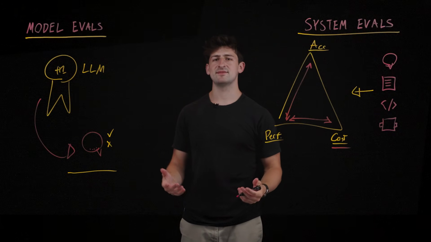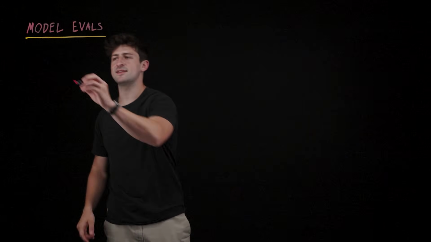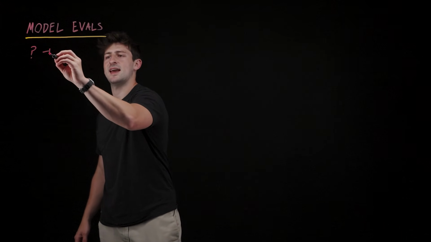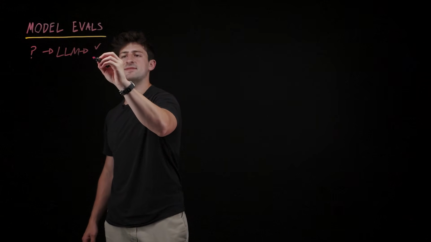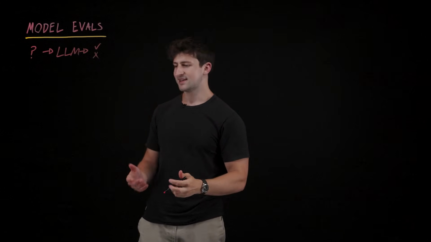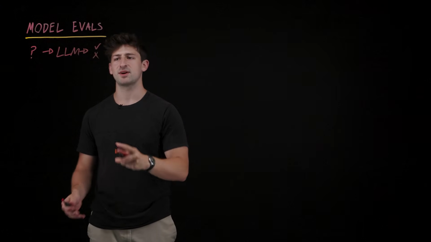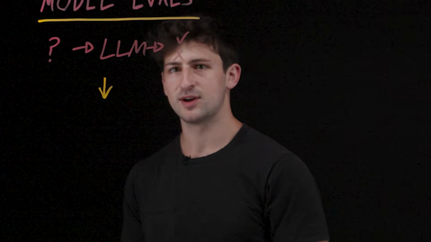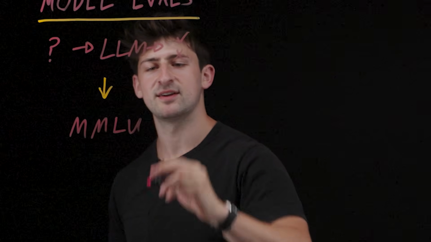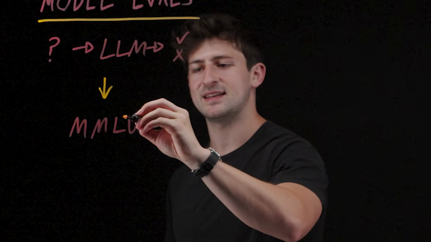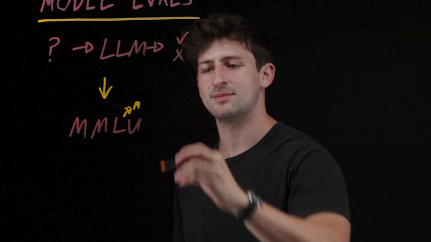At the most basic level, model evaluation is when you give the model some type of question and you grade the LLM's response to determine if it's correct or incorrect. One of the most well-known benchmarks is the MMLU, or the Massive Multitask Language Understanding, or in some cases nowadays, the multimodal MMMU.